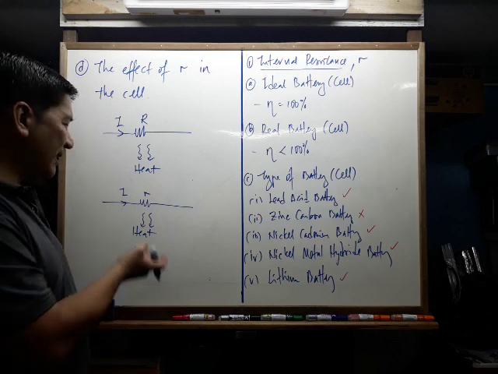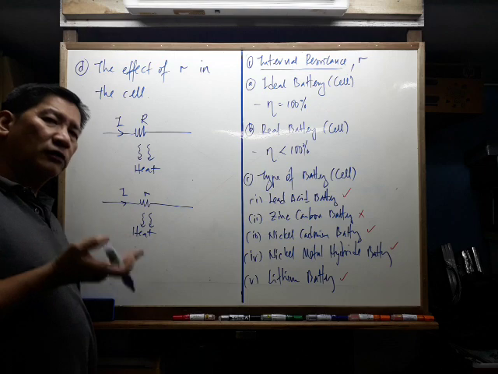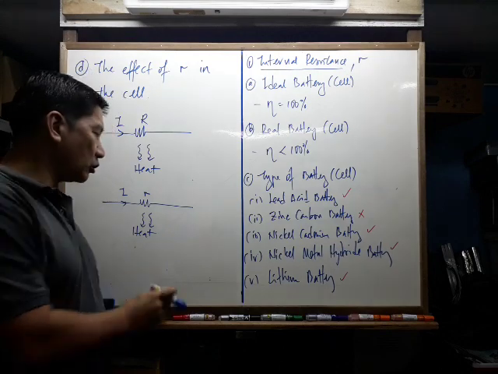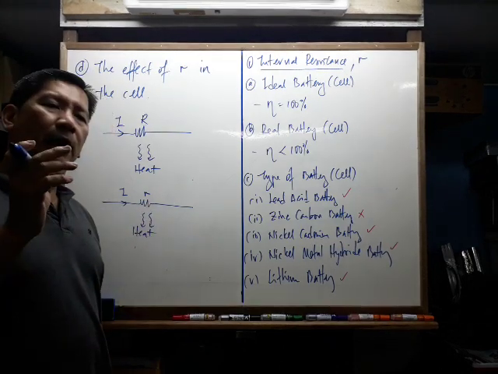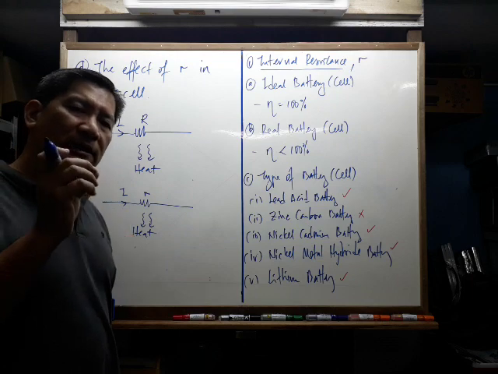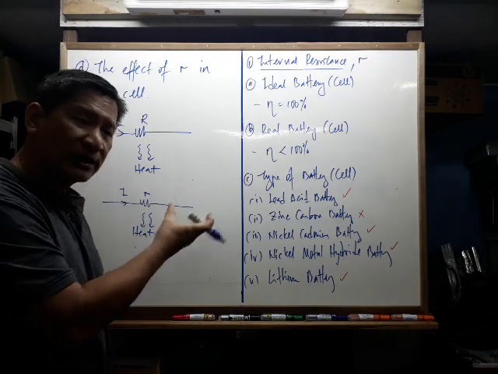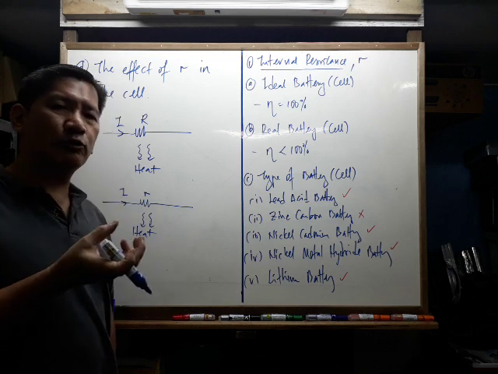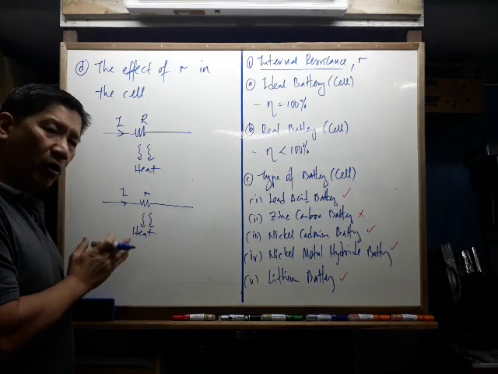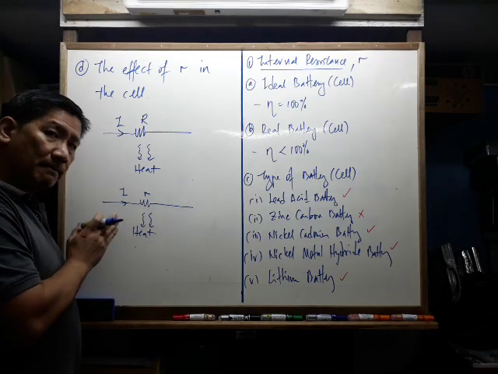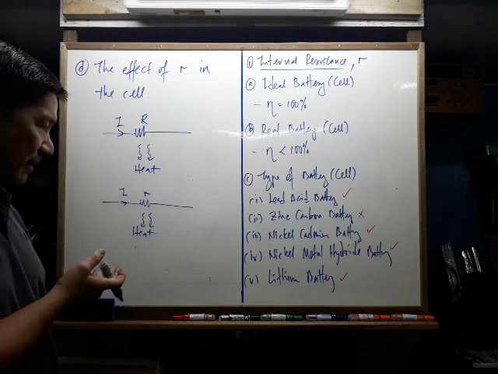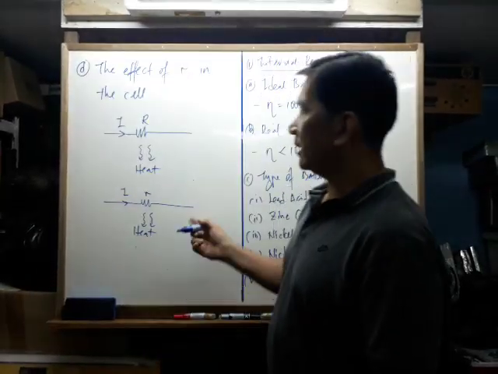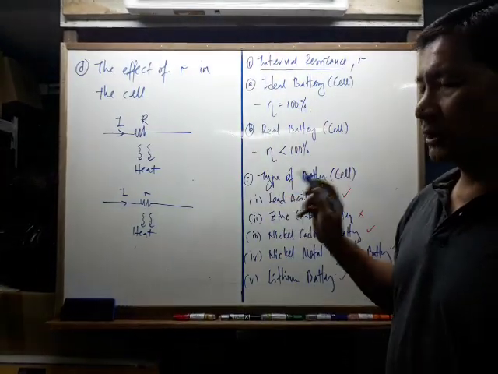Or maybe the heat is not dissipated to the environment fast enough, so the battery heats up to a condition where the liquid or moisture inside started to vaporize, causing high pressure, and finally the battery explodes. That can cause something very dreadful, and if you are nearby during the explosion, it might cause injury and maybe even death, right? So that is the effect of internal resistance on the cell.